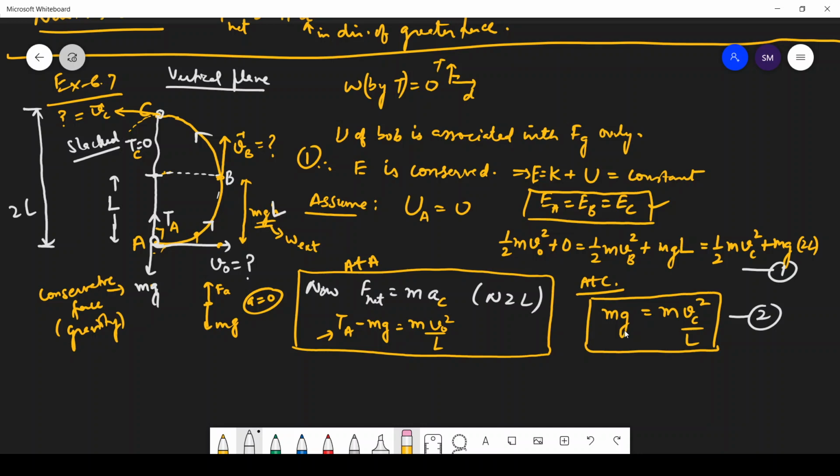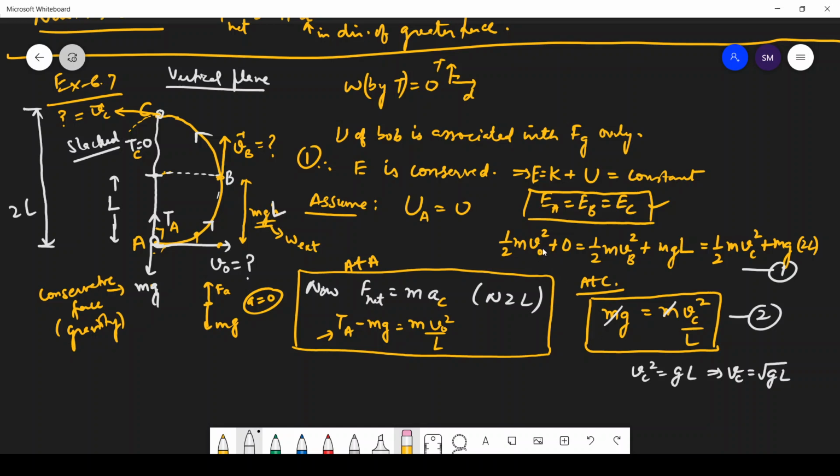So can I use this to find the velocity? This mg, m, so m cancels out. So we have vc square is equals to gl. So we have found vc. So vc is equals to under the root gl.